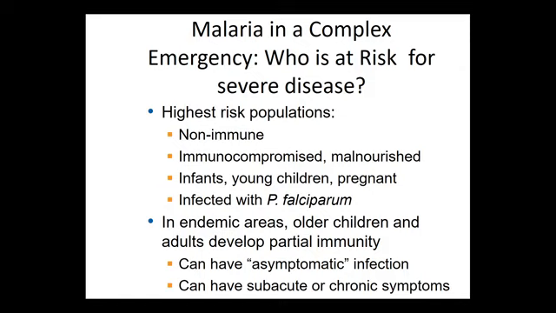Plus, there is a vaccine against malaria, but it's not super effective. It does not fully prevent the disease, but it may partly prevent it in some people or prevent severe forms. So immunization is also possible. Immunocompromised and malnourished persons, infants, young children, and pregnant women have a severe course of malaria.